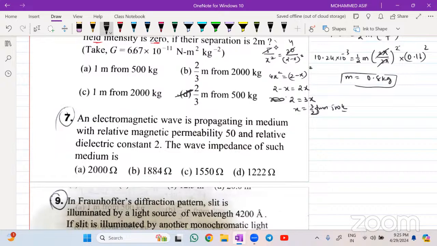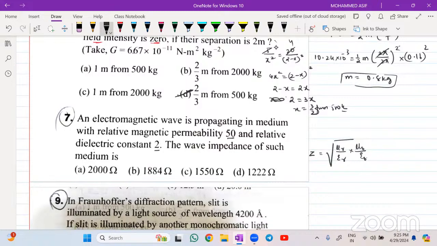An electromagnetic wave is propagating in a medium with relative magnetic permeability 50, relative dielectric constant 2. The wave impedance of such a medium is, a very important formula: wave impedance is given by the formula Z is equal to the square root of mu divided by epsilon, permeability divided by permittivity, that is mu naught mu r divided by epsilon naught epsilon r.